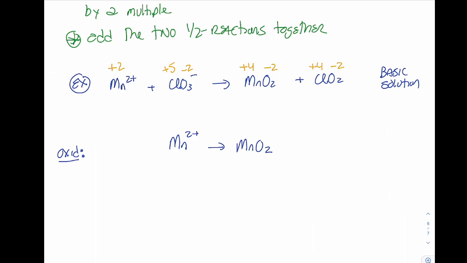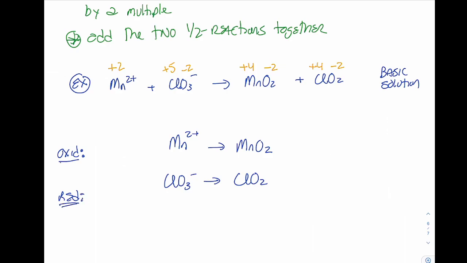My second half reaction, ClO3- going to ClO2. And if I look at those oxidation numbers, +5 to a +4, my oxidation number is getting smaller, right? This is my reduction.